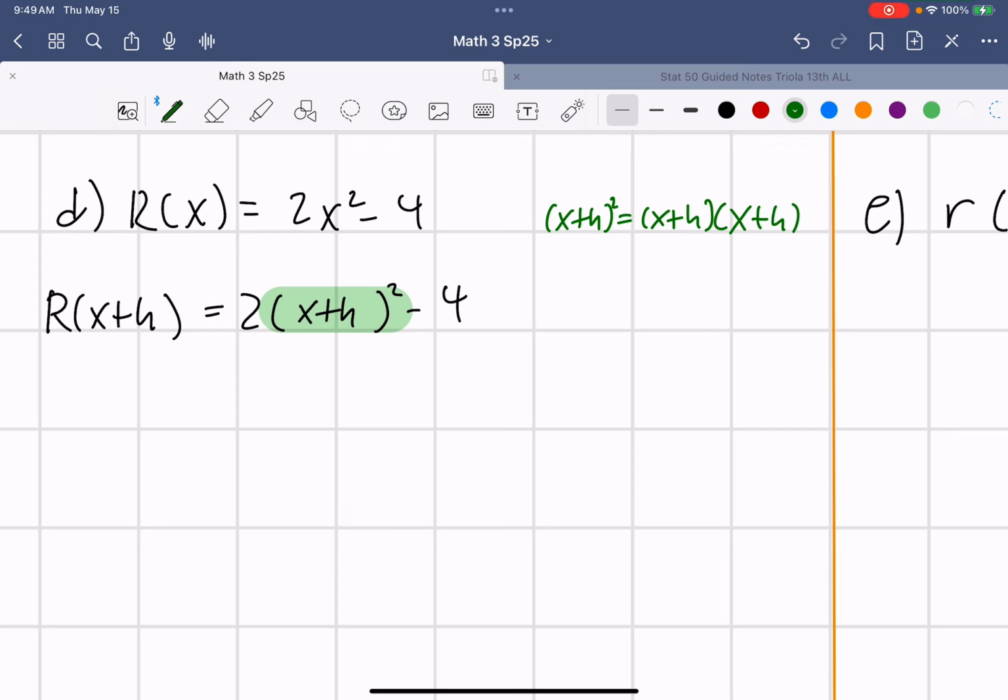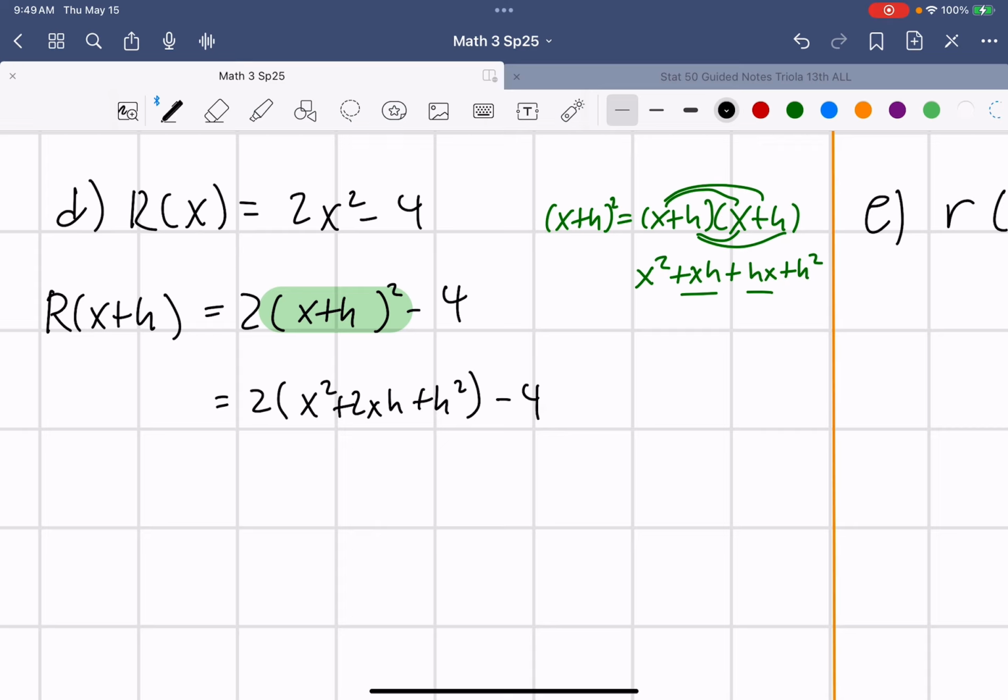And then once you distribute all of this, it's x squared plus xh, and then plus hx plus h squared, which remember, xh and hx are the same. So that's going to be 2 times x squared plus 2xh, and a commutative property of multiplication, plus h squared and minus 4. So I like to do that on the side just so I don't mix it up.